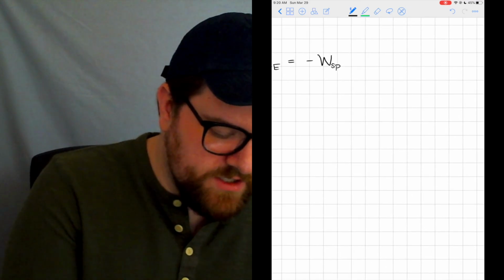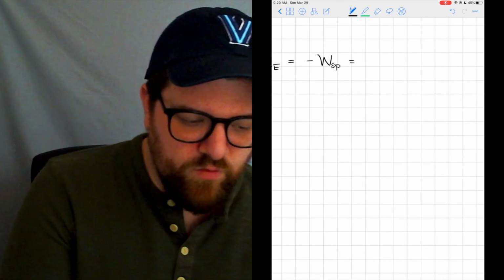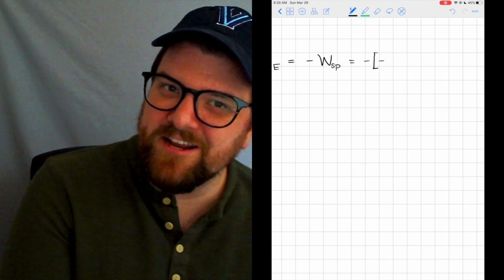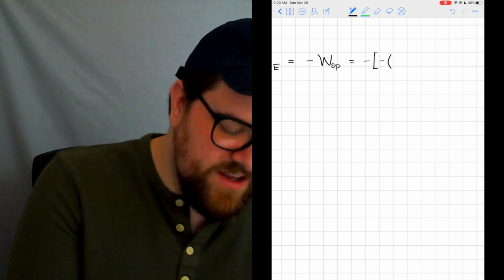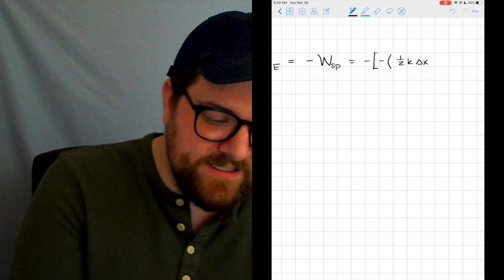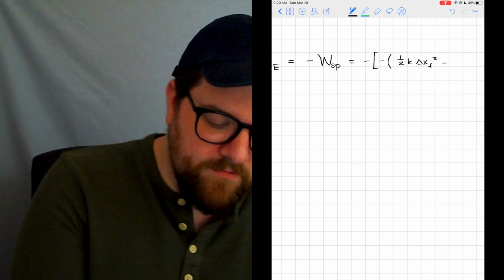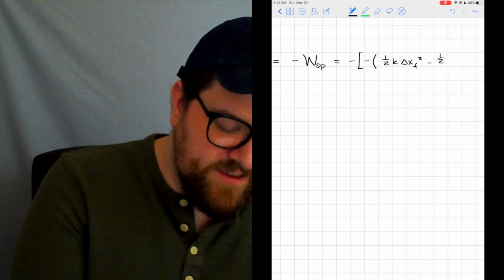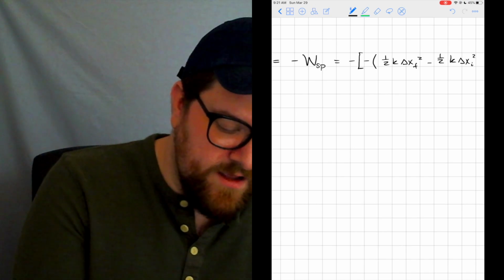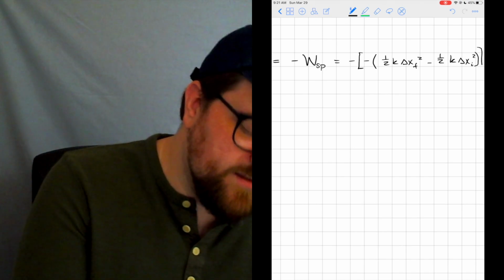So negative work done by a spring. Well, work done by a spring is already negative. So it's negative 1/2 k delta x_f squared minus 1/2 k delta x_i squared. And then we close the parenthesis and then close the bracket.